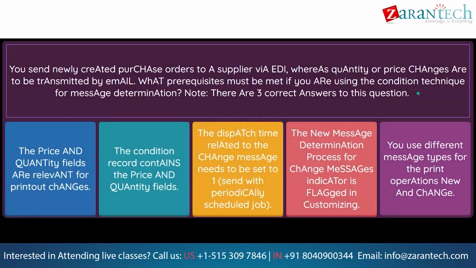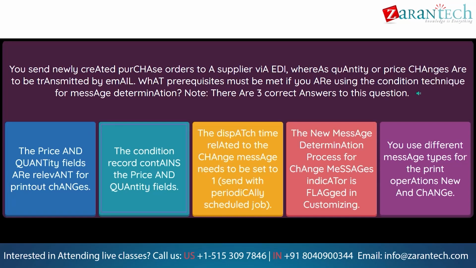Question: you send newly created purchase orders to a supplier via EDI, whereas quantity or price changes are to be transmitted by email. What prerequisites must be met if you are using the condition technique for message determination? Note, there are 3 correct answers to this question. Option 1: the price and quantity fields are relevant for printout changes.